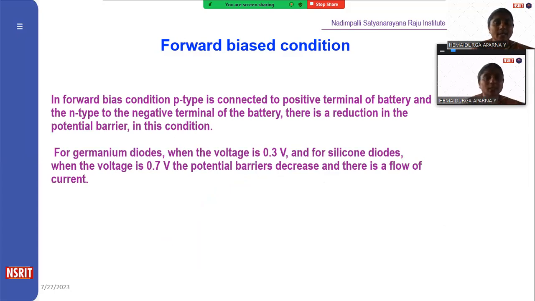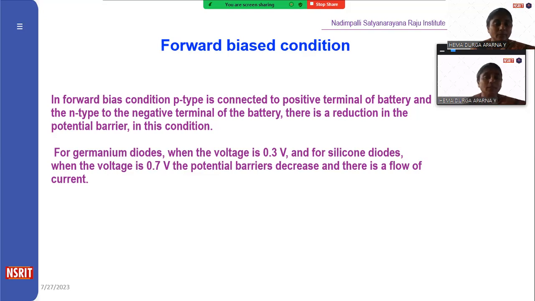In the forward biased condition, as we keep on increasing the applied voltage, initially there will be no current in the circuit. If we keep on increasing the externally applied voltage, after crossing a particular value, the current starts to flow through the device as well as through the circuit.